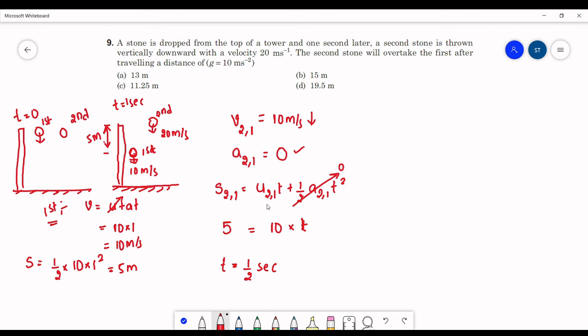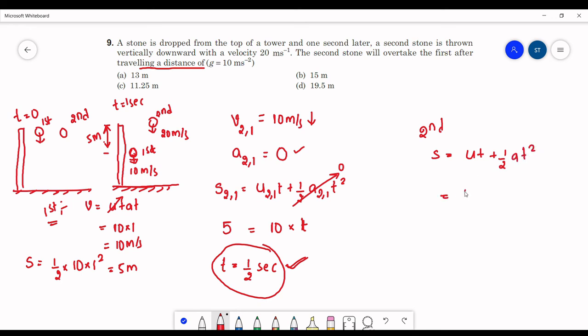So in this t is equals to half second, let us calculate the distance traveled by the second body. That is what they have asked. The second body will overtake the first body after traveling a distance of. So in this half second, the second body will be traveling a distance s is equals to ut plus half at square.